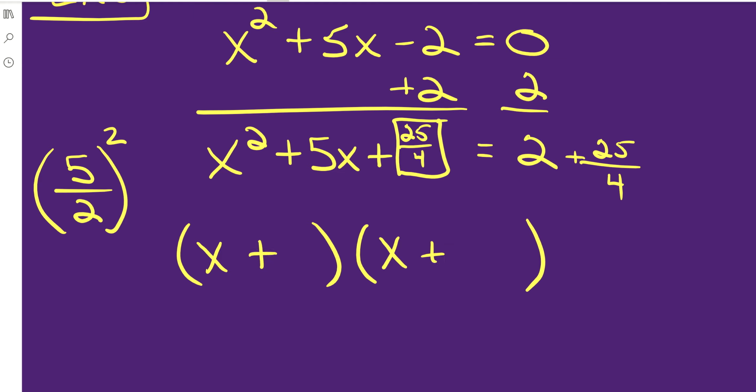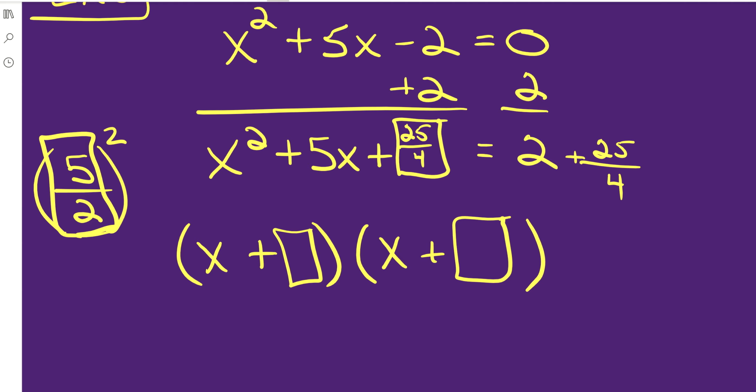And my number that's going to go here and here is what's inside the parentheses here, that 5 over 2. Okay, that's where it's located, so we don't have to think that much about it. And just do a quick check and say, what's 5 halves times 5 halves? Well, it's 25 over 4, which is right here. Remember, that's our C value. That's last in the FOIL method. And that's what we're multiplying, the last terms of the binomials.